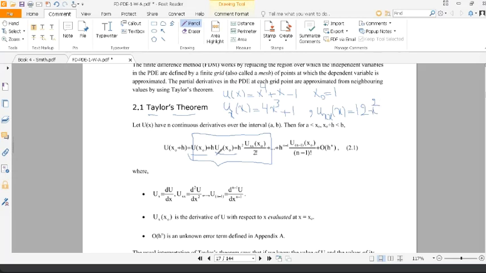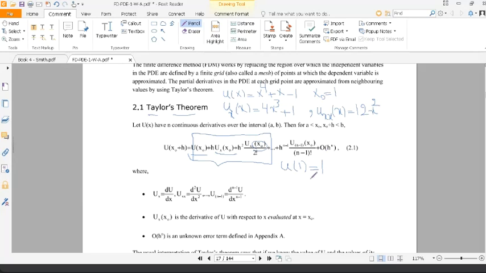Okay? And then x0 is 1. U of 1 is equal to, I should replace x in u by 1. Then I have 1 plus 1 minus 1, and the result is 1. Okay?